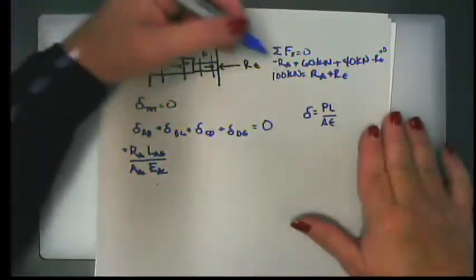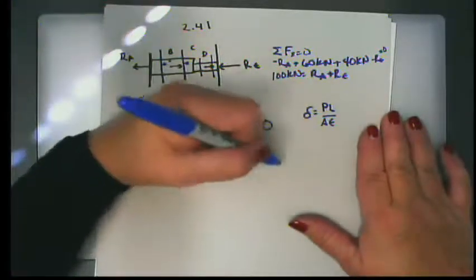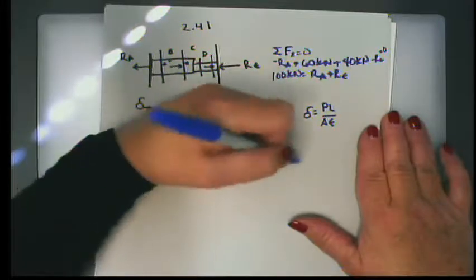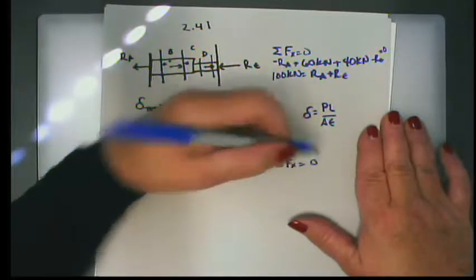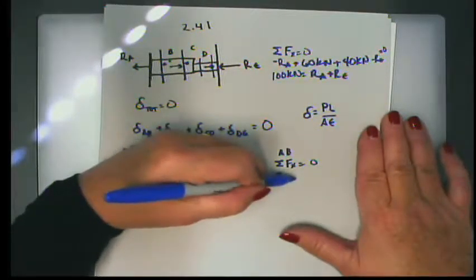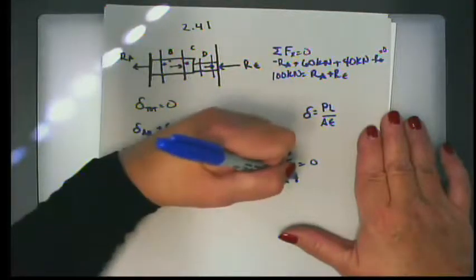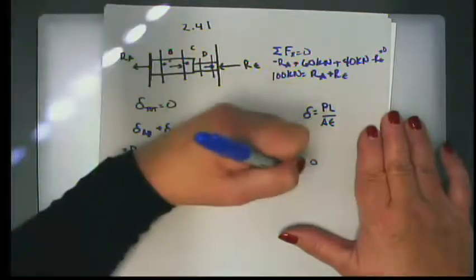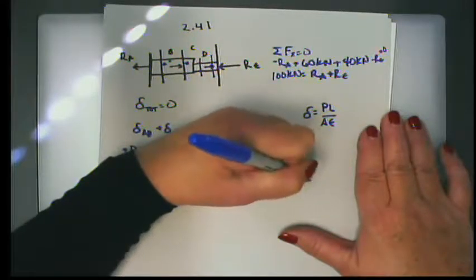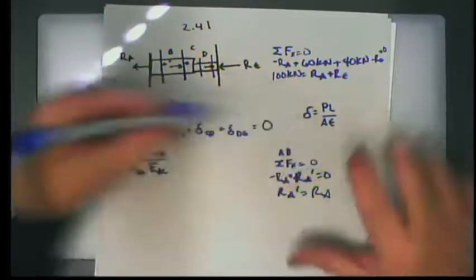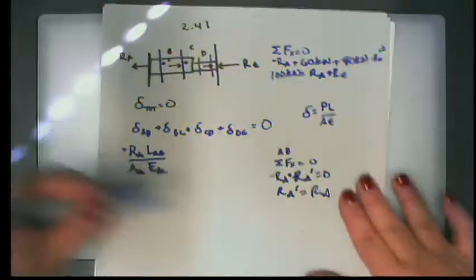Let me see, I'm going to do a cutaway here. This is the cutaway on A to B, which is summation forces x equals 0: negative RA plus this responsive force RA prime equals 0, so RA prime is equal to R sub A, which is what I use here.